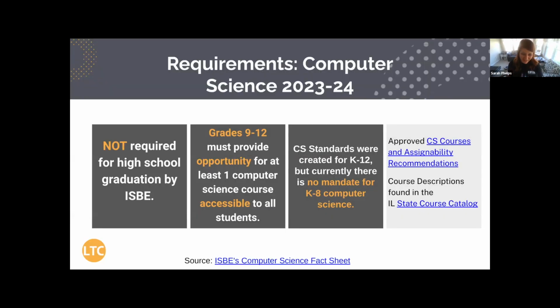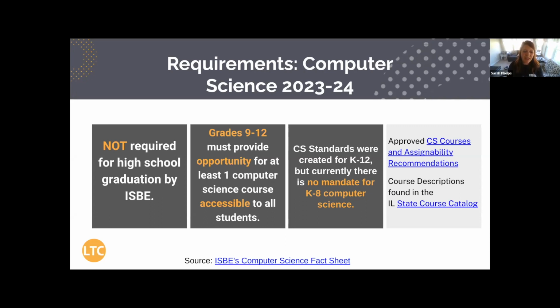So what is required? If you're sitting here today thinking, well, this is great, I know there are standards, but I don't actually know what they mean. According to the legislation, right now, computer science is not required for high school graduation. There are some states that require students take a computer science course as a graduation requirement. We are not one of them.